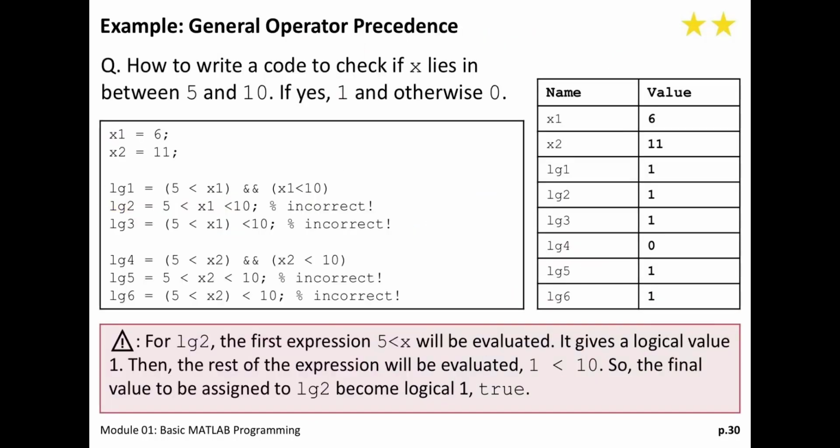Okay, how to write code to check if x lies between 5 and 10. If yes, assign 1, here's the logical 1. Logical 1, logical 0: that is true, that is false. If you hear these questions, I think you're tempted to write a script like this one, right?